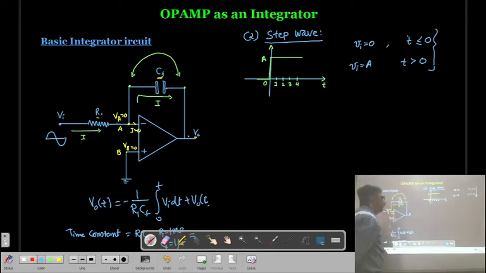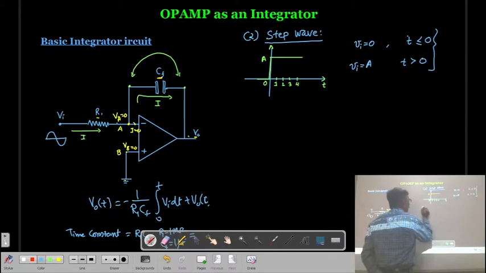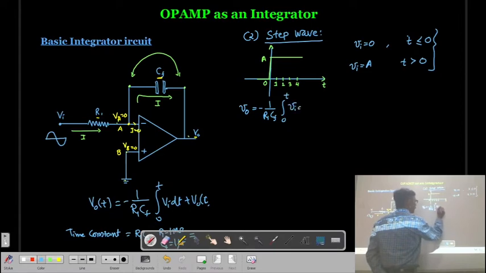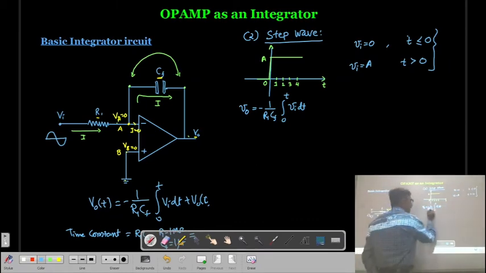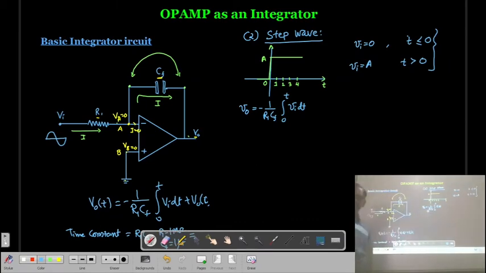The output voltage of the integrator is given as Vo equal to minus 1 upon R1 CF, integration from 0 to t of Vi dt, correct? And I already mentioned that we consider the time constant as unity.